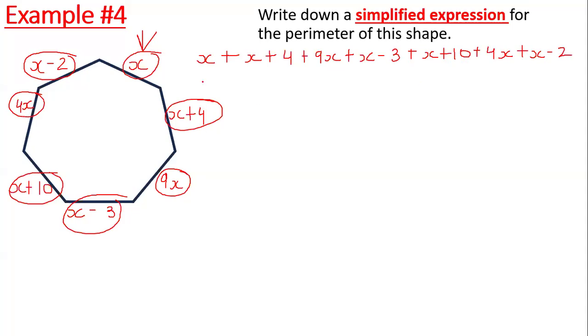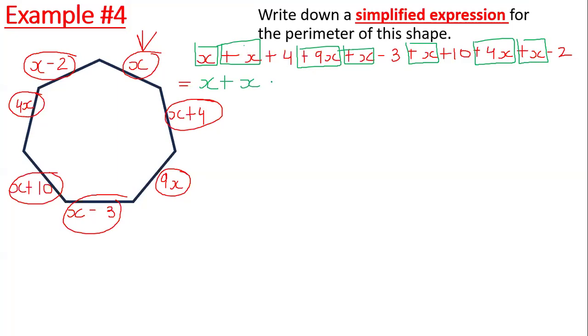All right. Now this is going to be equal to, so we're going to group all of the x's together, right? So we have x plus 9x plus x plus x plus 4x plus x, so we're grouping all of them together. Mr. Petit, I did not see the 10. You did not see that 10? So now you're dialing back? Yeah, I go back on my answer.